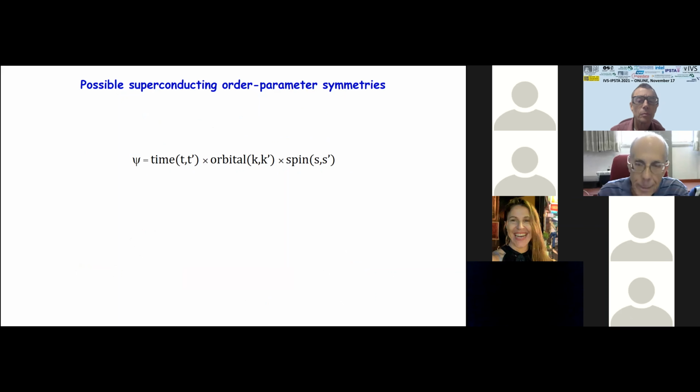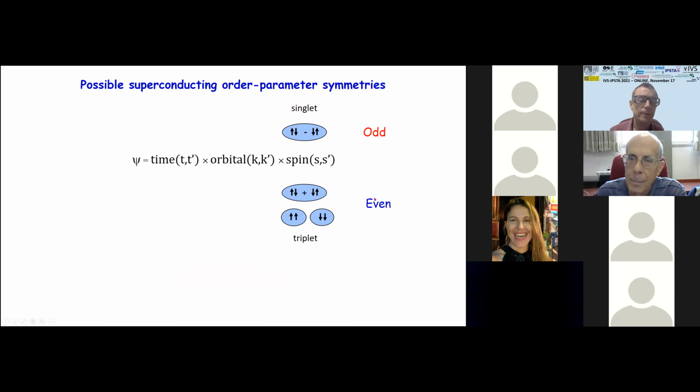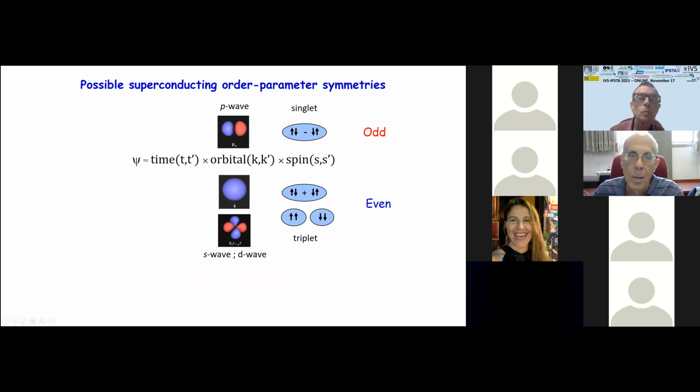The Cooper pair can also be in a triplet state or a singlet state with respect to exchange of spins. Their orbital wave function in K-space can have odd parity or even parity, and their sign may change upon exchanging the time coordinates or remain the same, what we call odd frequency or even frequency superconductivity.